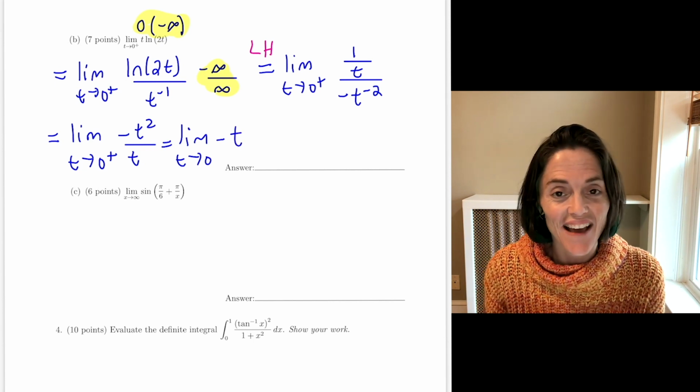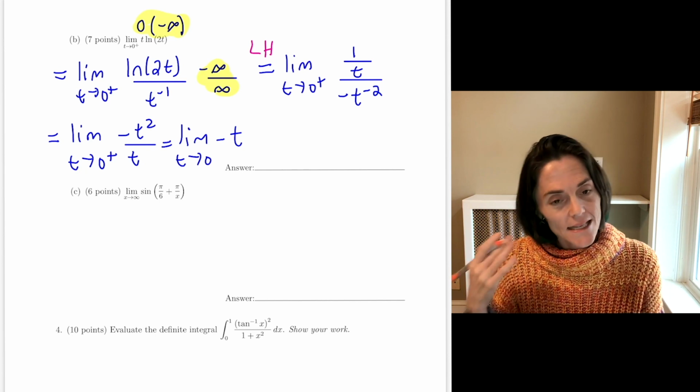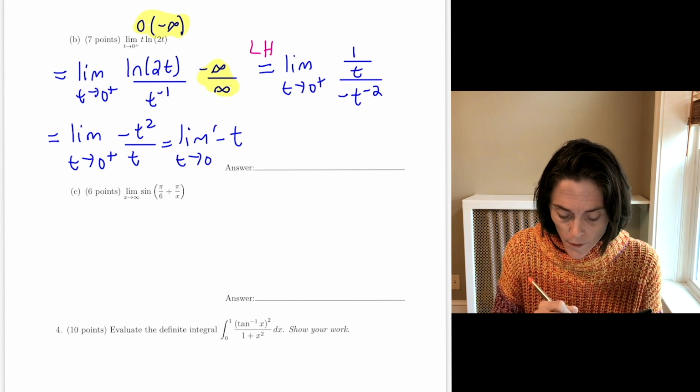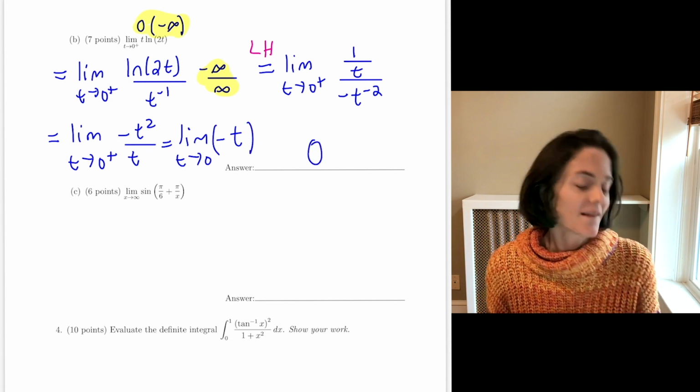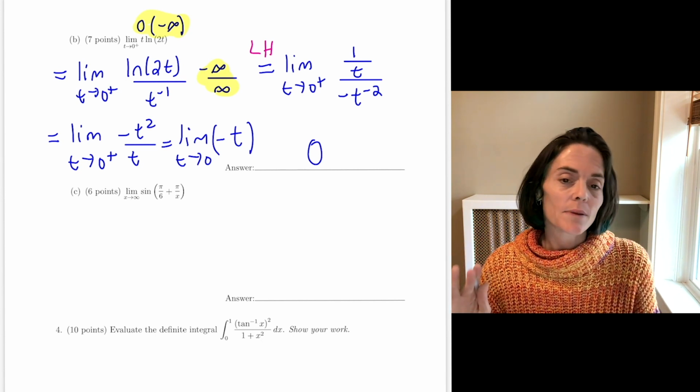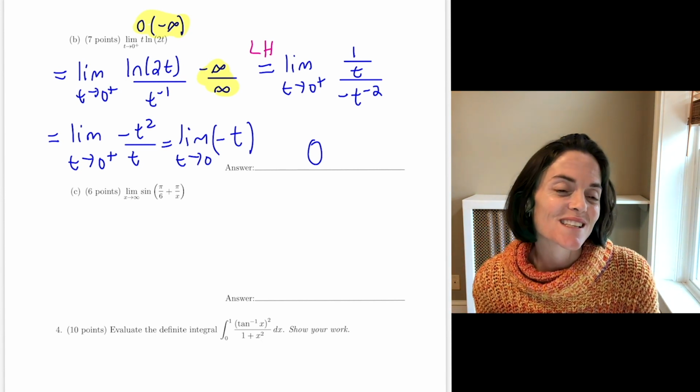Oh, this is something I can evaluate. Negative t as t approaches 0. Well, this goes to 0. Maybe I'll put parentheses here. My answer is 0. This was a fun one. Definitely L'Hopital applied, but we had to do a little bit of work first.